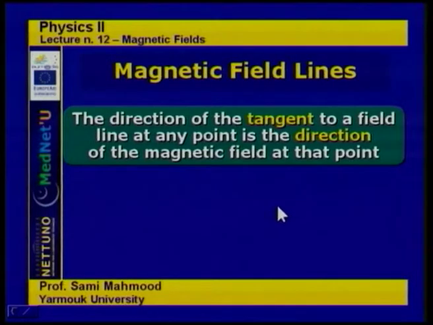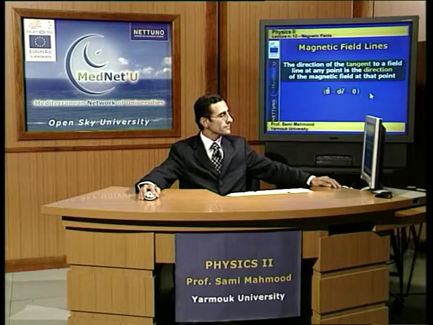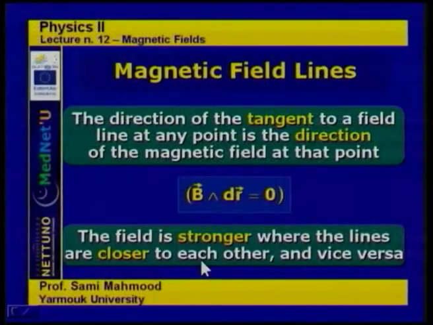This statement is written mathematically as B cross dr equals 0. Again, this is reminiscent of the electrostatic case. And also as in the electrostatic case, the field induction is stronger where the lines are closer to each other, and vice versa.